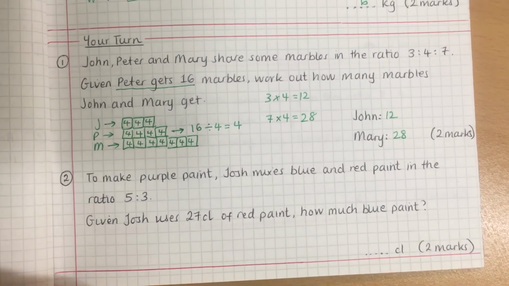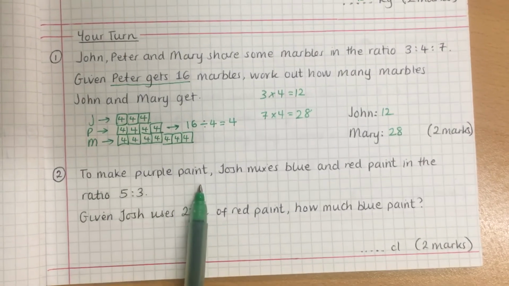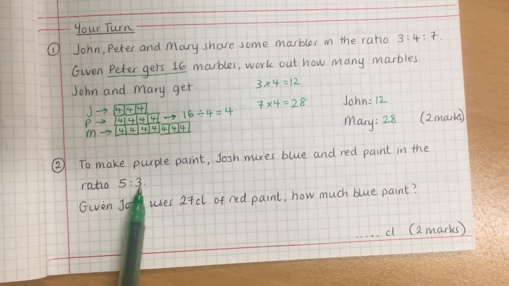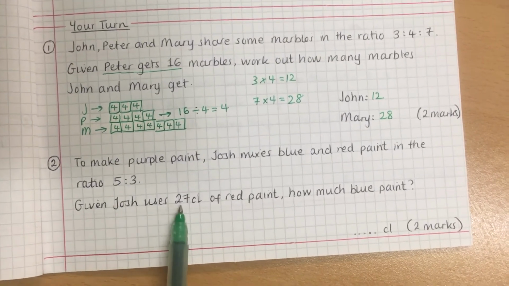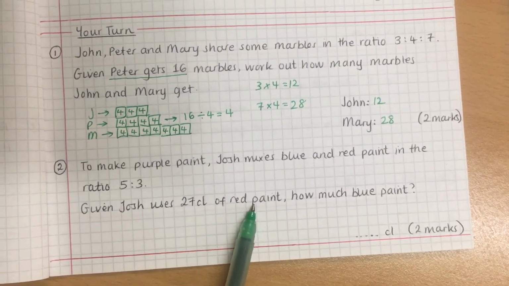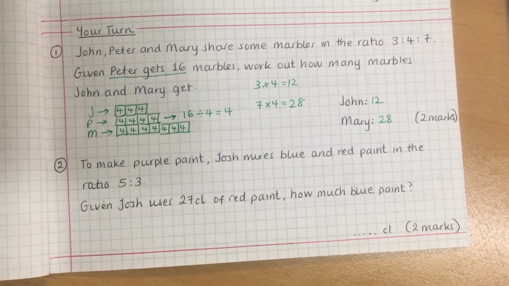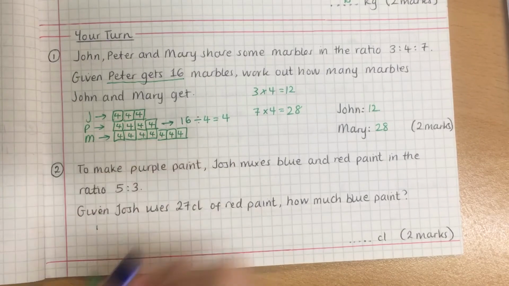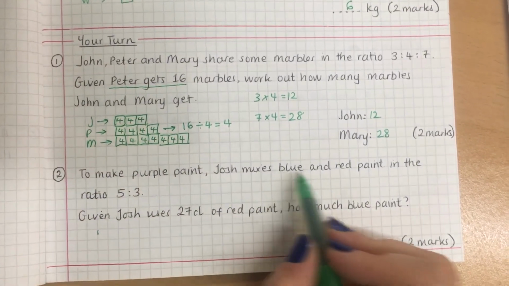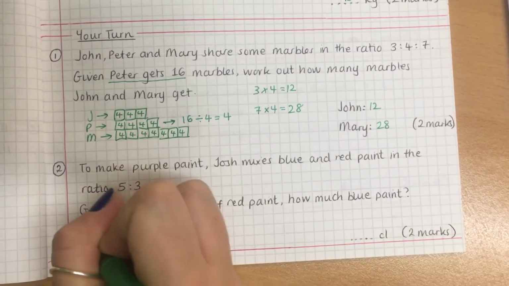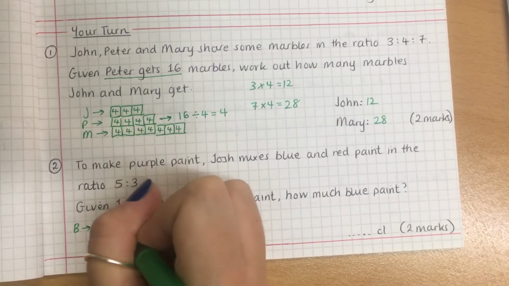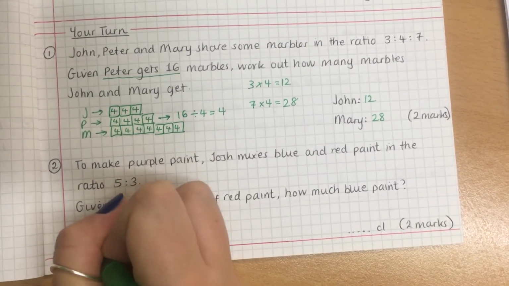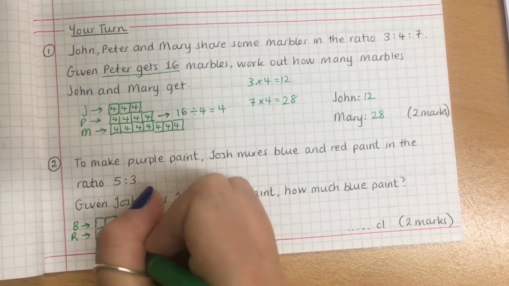Okay, next question, last one. To make purple paint, Josh mixes blue and red paint in the ratio 5:3. Given Josh uses 27 centilitres of red paint, how much blue paint will he use? So starting off as usual, we're going to do our boxes. Blue paint has got 5 boxes because it's the first thing in the ratio, and red paint has got 3 boxes.